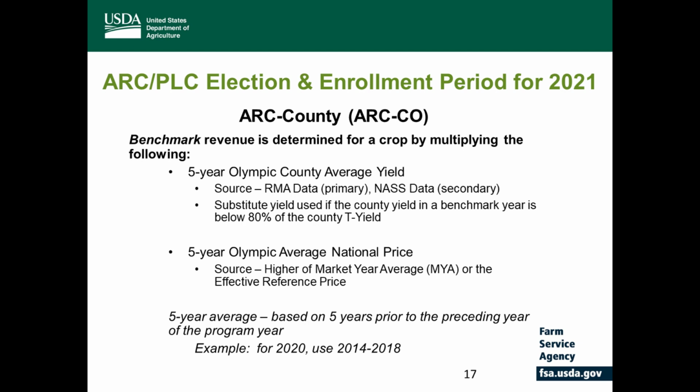So for 2020, we would have used 2014 through 2018, and 2019 would be our lag year. And then for 2021, we're going to use 2015 through 2019, with 2020 being our lag year. So you can see it's a rolling 5-year average.